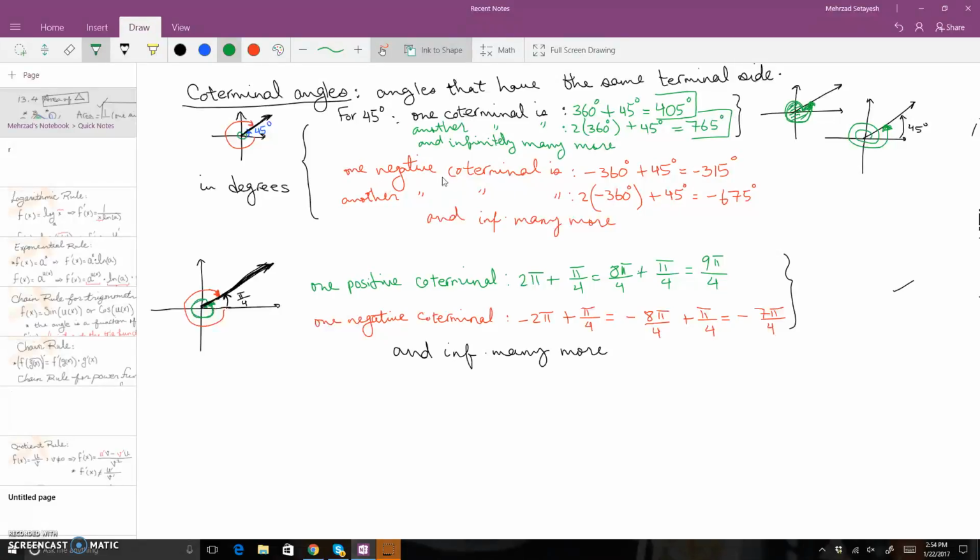How about negative coterminals? Negative means that this time we are moving clockwise. So here are the x and y axes. Here's the angle 45 degrees. We know that we want to end up with this terminal side, but for another angle.